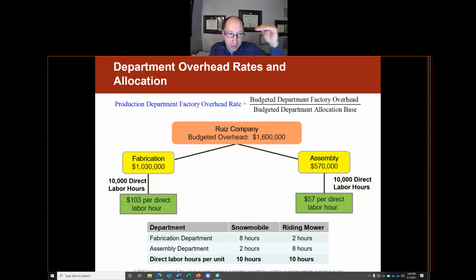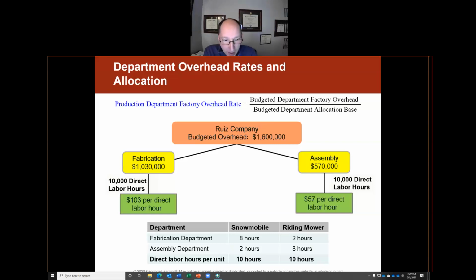So fabrication, 1,030,000 divided by 10,000 hours is $103 per labor hour. What about assembly? We allocated 570,000 of overhead from the budget divided by 10,000 hours to get to $57 per labor hour.